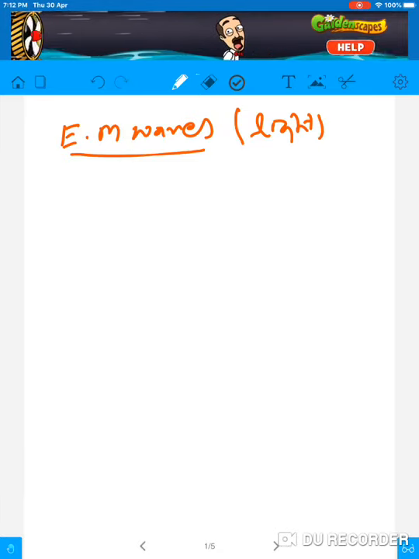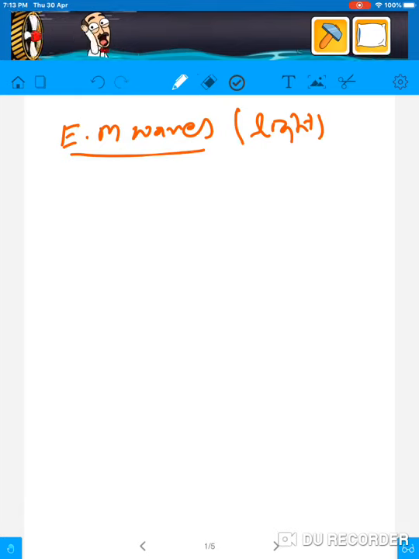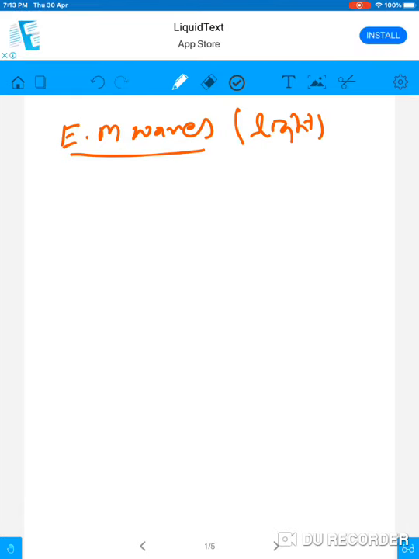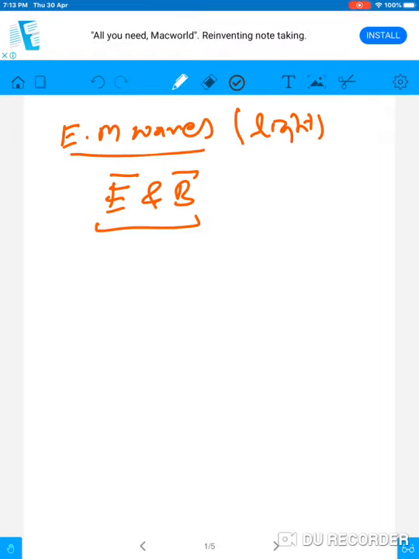An electromagnetic wave is one in which the electric field and magnetic field vibrate in the direction perpendicular to the propagation of motion of the wave. Both of these vary perpendicular to the direction of motion.